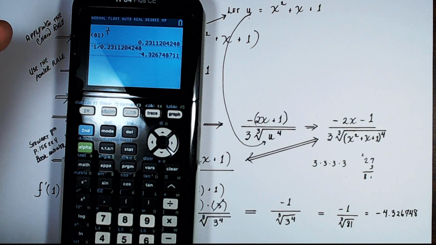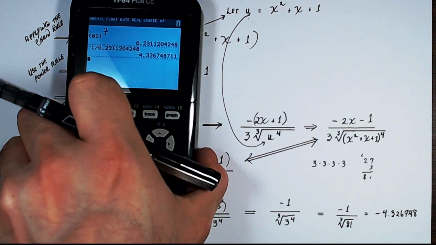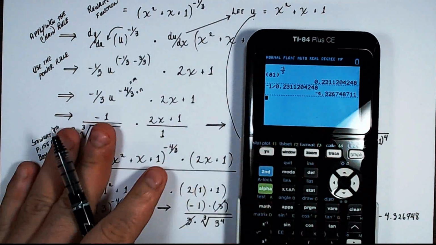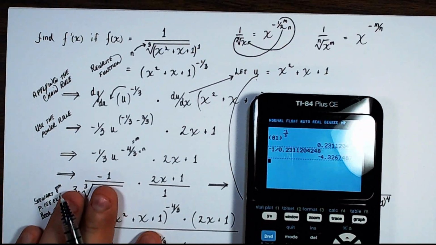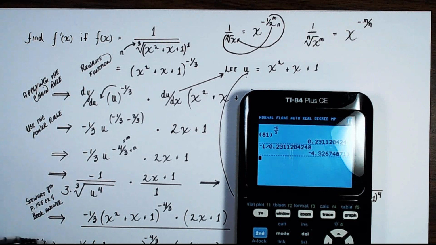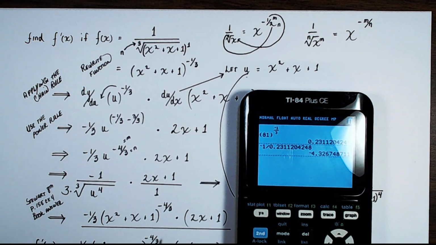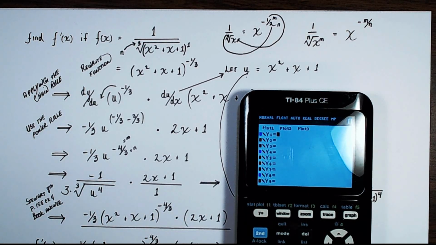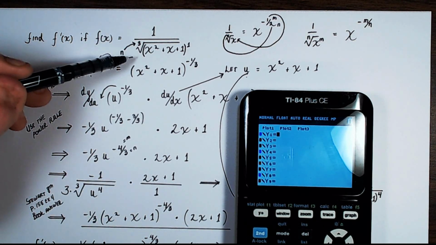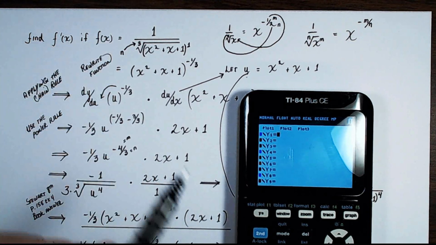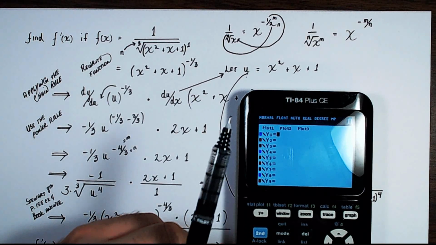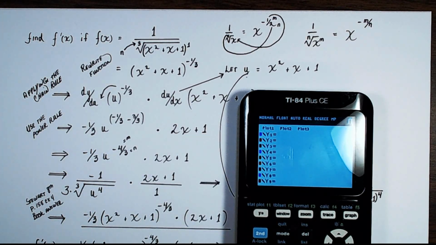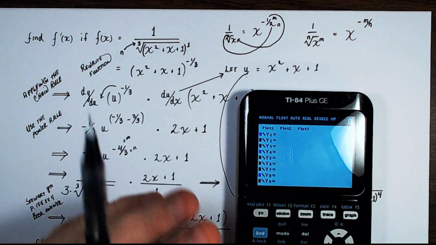Let's verify that that is in fact the correct derivative. So here's how we verify that that's the correct derivative, that our derivative is in fact the correct one. Go to y equals and stick this f of x into y equals. Now it's a little bit difficult to do because it's a complex expression, but you can do it.